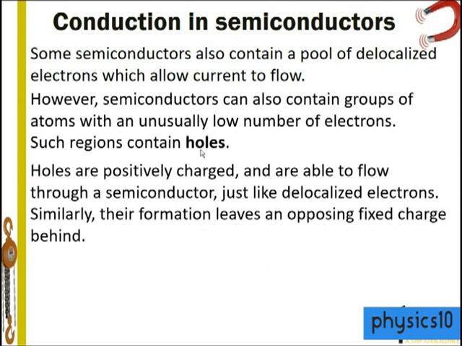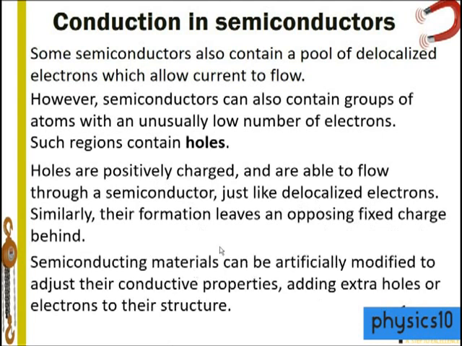So in other words, when you see holes, normally what happens is these holes will have a positive charge. Now, semiconducting materials are usually artificially modified to adjust their conducting ability. And this is usually done by adding extra holes or electrons to their structure.